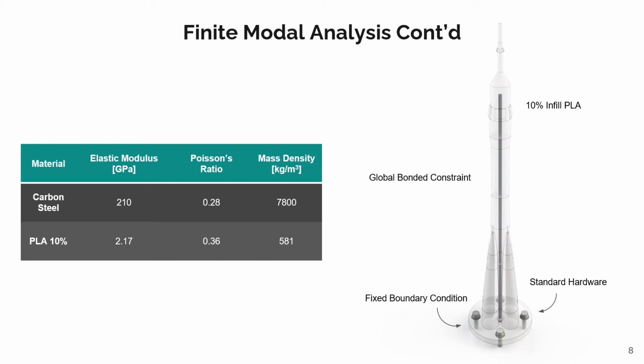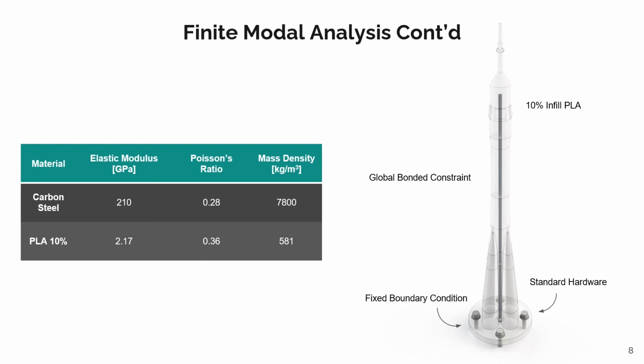To set up the analysis, we applied a fixed boundary condition to the base of the rocket, and all component contacts were set as perfectly bonded. We used standard 3D models for our mounting hardware from McMaster-Carr for the closest relevance to our real-world prototype hardware. There weren't any geometrical simplifications to our simulated model, aside from excluding the bolt threads from the model to improve the simulation performance.